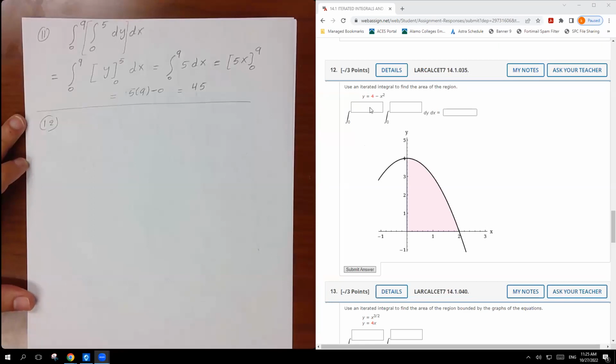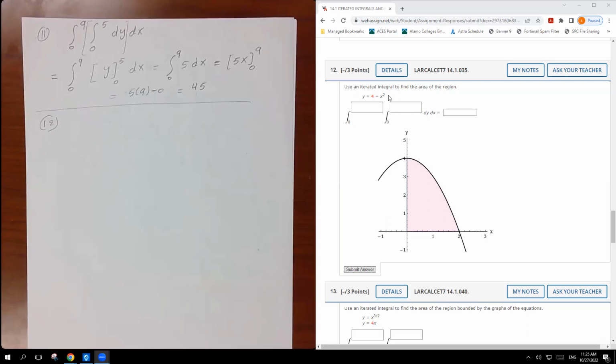So let's check example 12. First of all, we need to write down the border here, the integral inside with respect to y. And I already know the y goes from this point to the curve here. If you take the rectangles here, the y is going up with respect to this curve, which is y equals 4 minus x squared, the parabola. It's a parabola opening up.